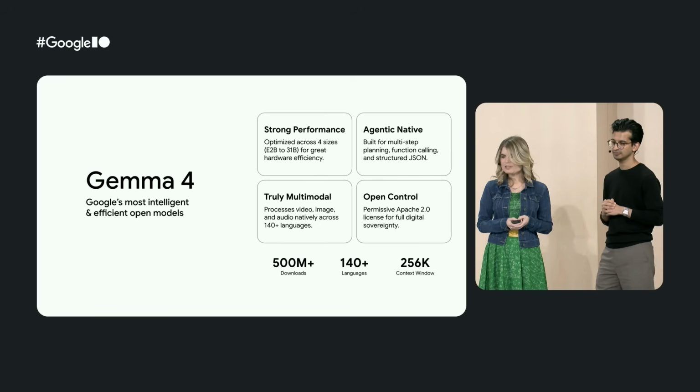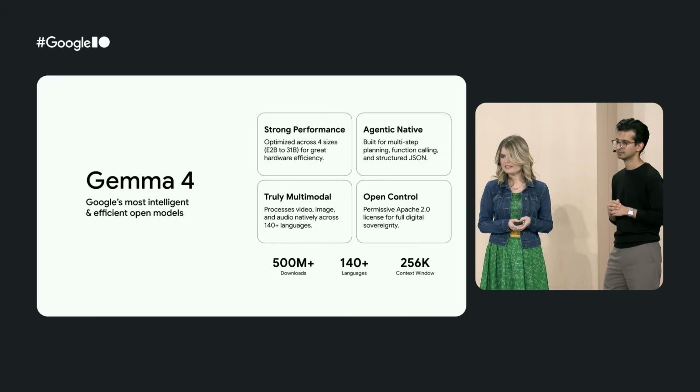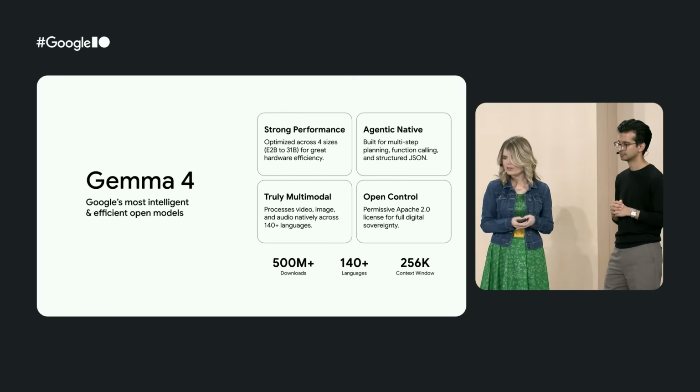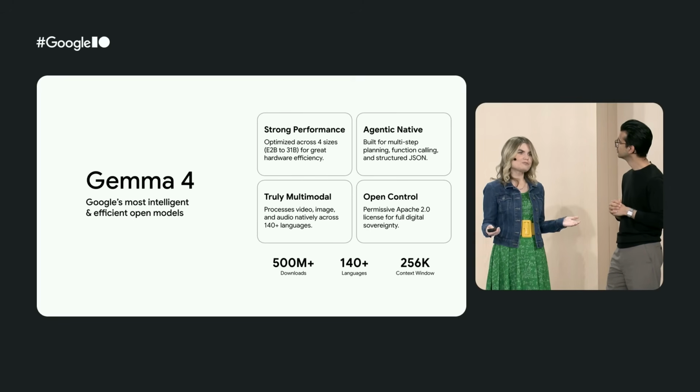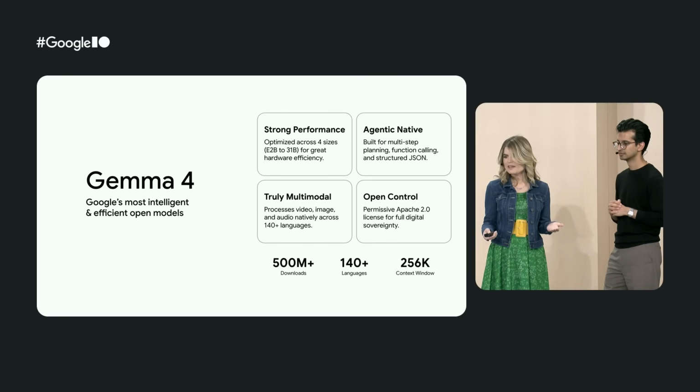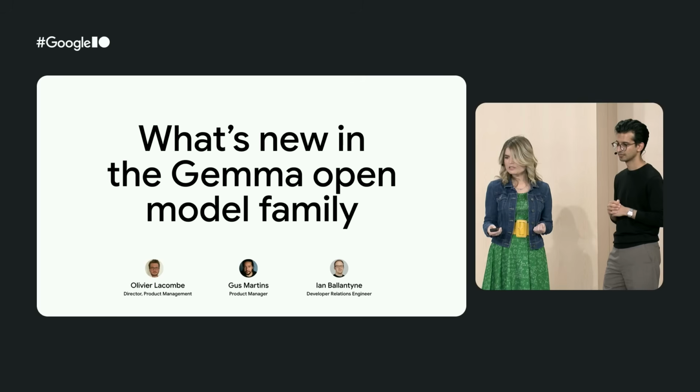We've got a huge Gemma 4 community that's pulling down many downloads across the world. Gemma supports over 140 different languages. You can find it today on Hugging Face. It has a 256,000 token context window.